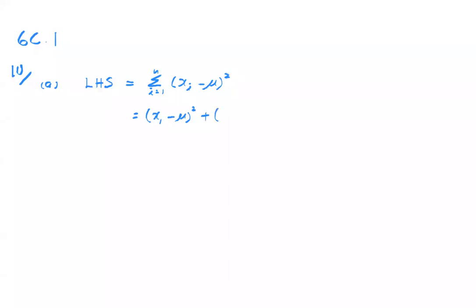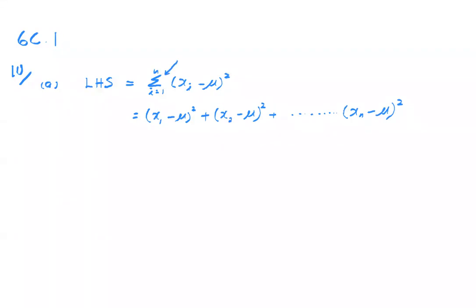Plus the second data, the whole thing squared. Plus many more. So I put dot. And the last one will be xn minus mean, the whole thing squared. So that is how you interpret the meaning of this word.